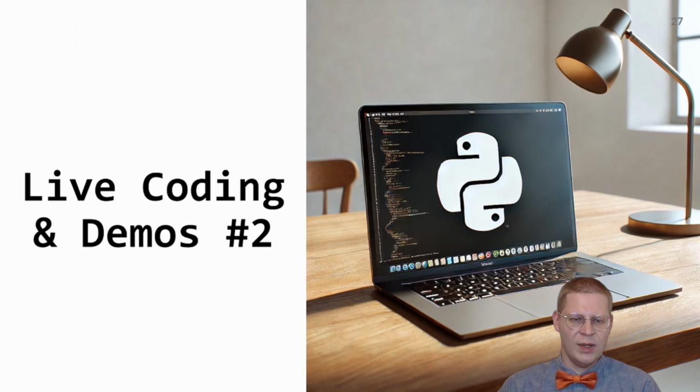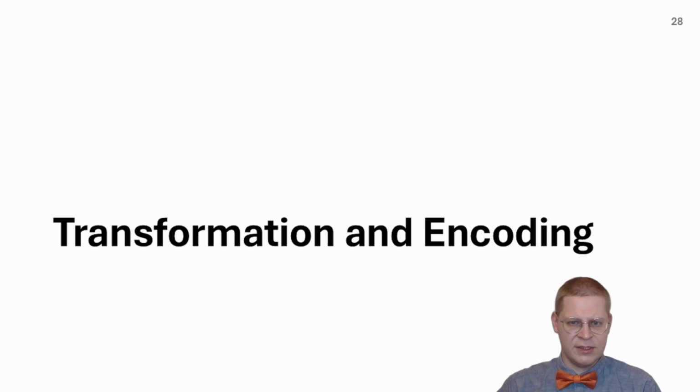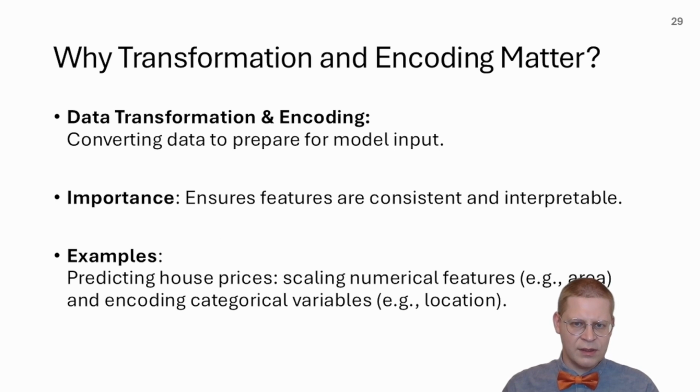Thank you. Welcome back. We're heading to the transformation and encoding. Transformation and encoding are used to ensure the dataset is in a suitable format. Scaling features like age and income ensures that the models aren't biased towards features with larger scale.